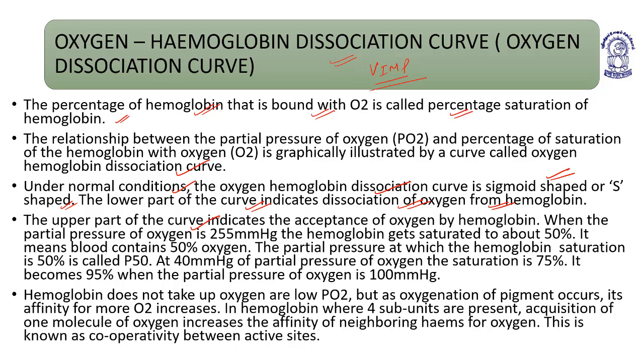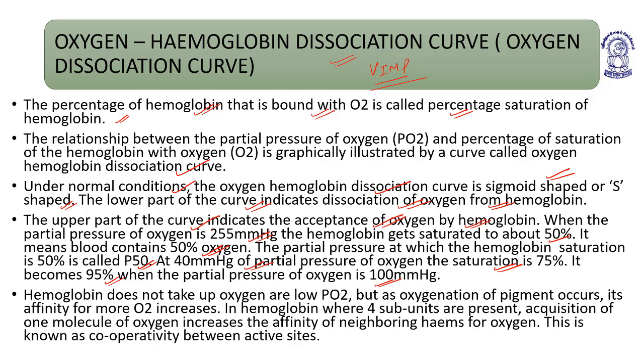The upper part of the curve indicates the acceptance of oxygen by hemoglobin. When the partial pressure of oxygen is around 55 millimeters of mercury, the hemoglobin gets saturated to around 50%. It means the blood contains 50% of oxygen. The partial pressure at which hemoglobin saturation is 50% is called P50. At 40 millimeters of mercury partial pressure of oxygen, the saturation is 75%. It becomes 95% when the partial pressure of oxygen is 100 millimeters of mercury.